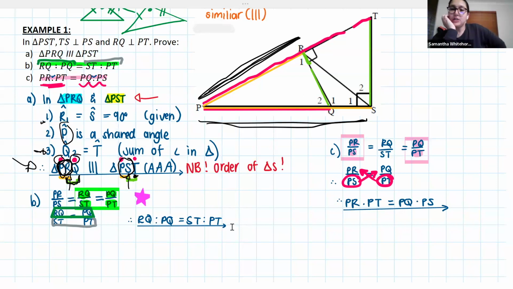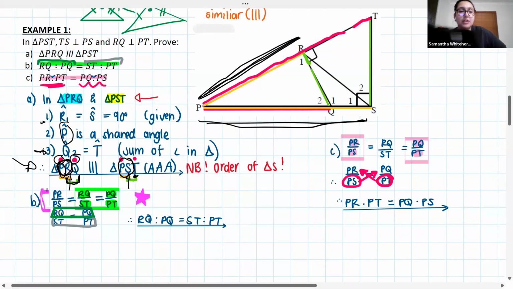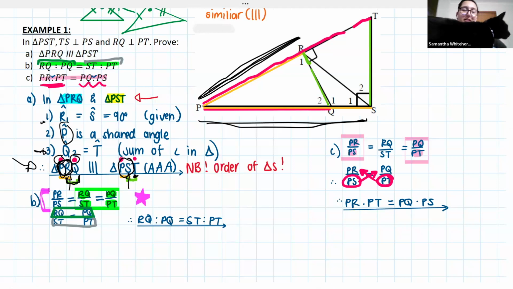Okay, I also have a question here. Would I lose marks if I don't show my working in B? So you don't have to show a lot of working. My working that I have here is minimal. What you do need to show is that you know that the ratios are all equal. If that's the only thing you show, that's okay.